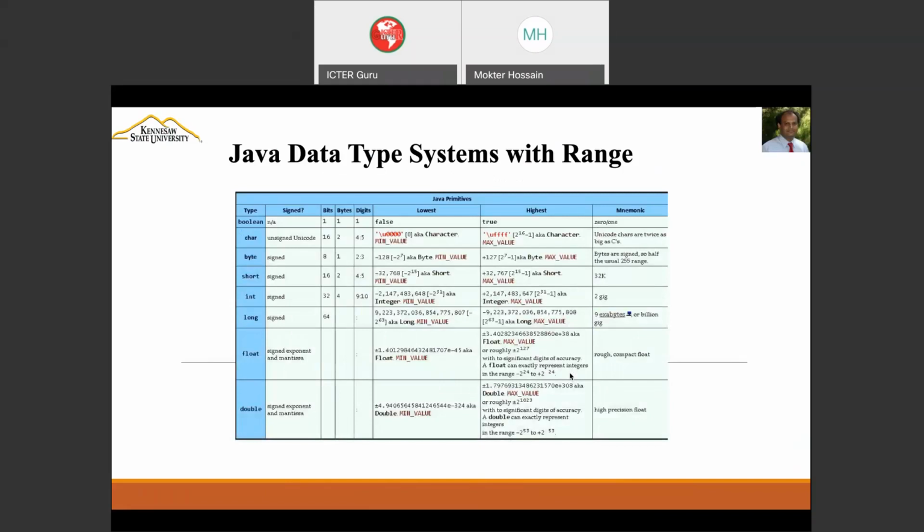If you have a long data type, then you can hold very large and very small numbers. You don't need to memorize this range, but if I declare a variable as long, it takes 64 bits of memory space, that means 8 bytes, and this is the lowest number I can hold here, maybe a trillion something. This is the range, the min value and the max value.